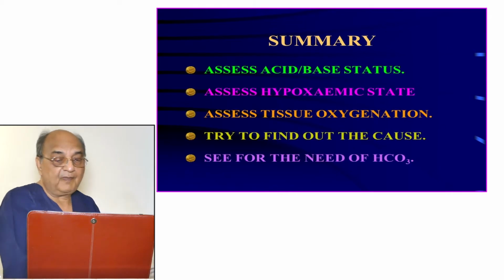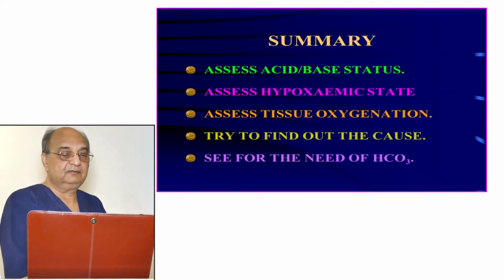In summary, you assess the acid-base status, then you assess the hypoxemic state of the patient, then you assess the tissue oxygenation status, then try to find out the cause and see whether there is a need for bicarbonate therapy or not. So these are the 5 steps which we do at the end.